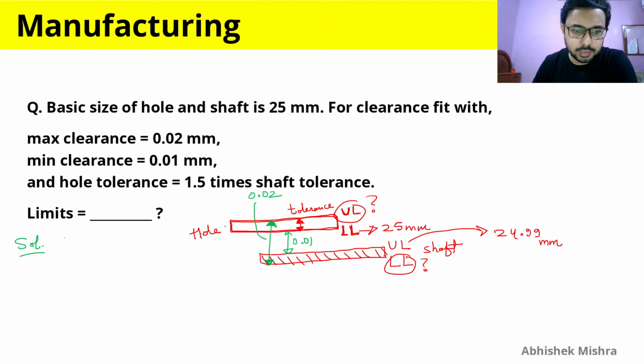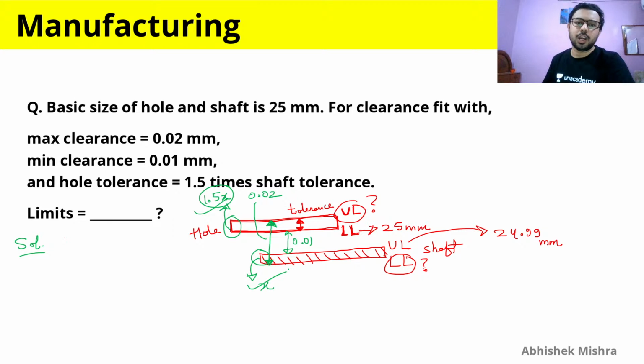This means if the shaft tolerance is x, then this is 1.5x, because it is given that the hole tolerance is 1.5 times the shaft tolerance.